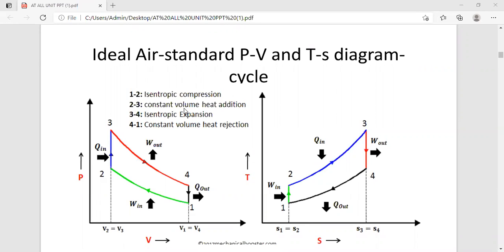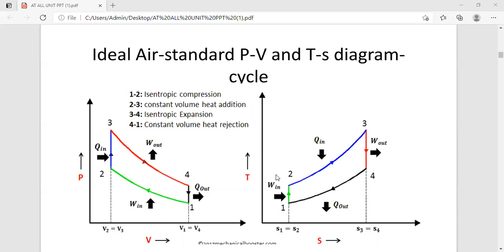Next process, 2 to 3 process, constant volume heat addition. During this process, the volume parameter is constant, and as the volume is constant, we are saying it is a constant volume process.